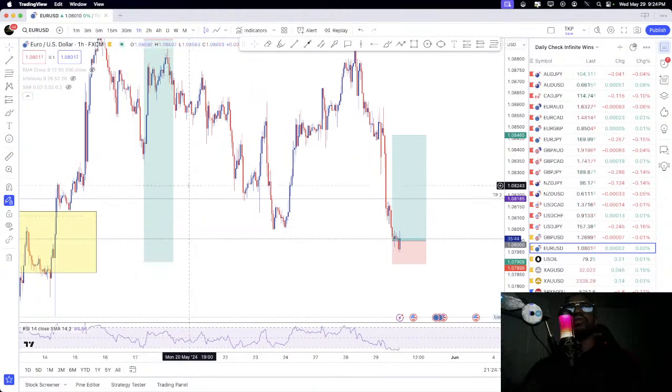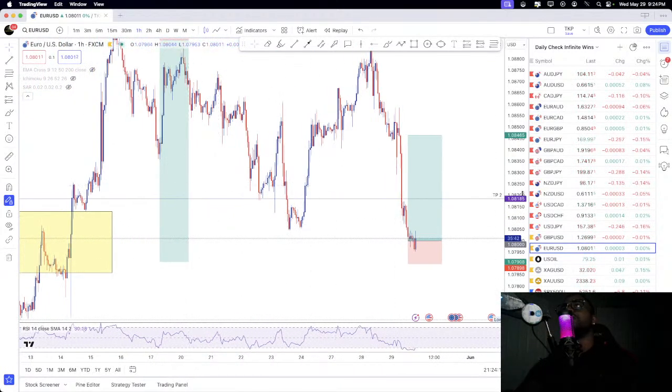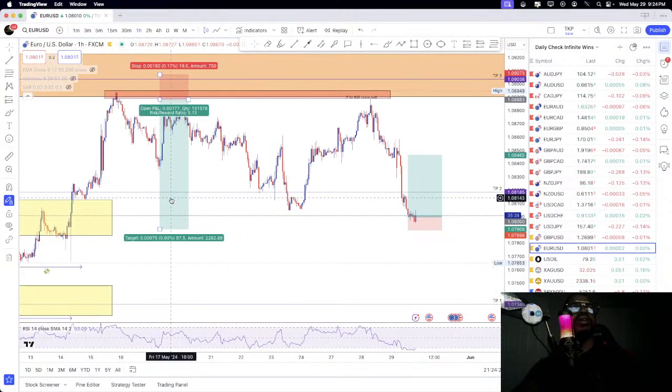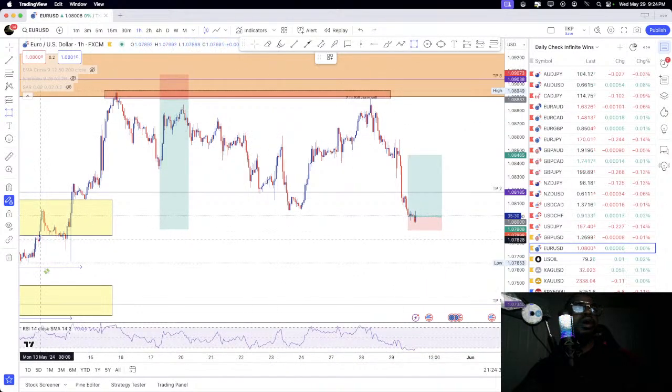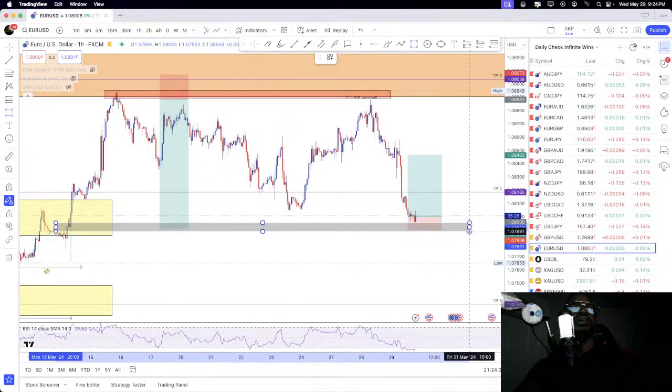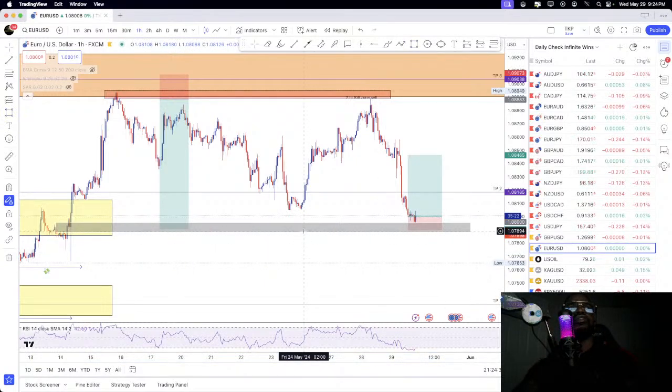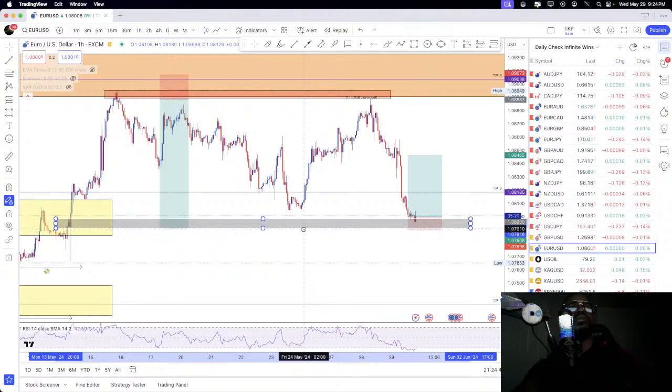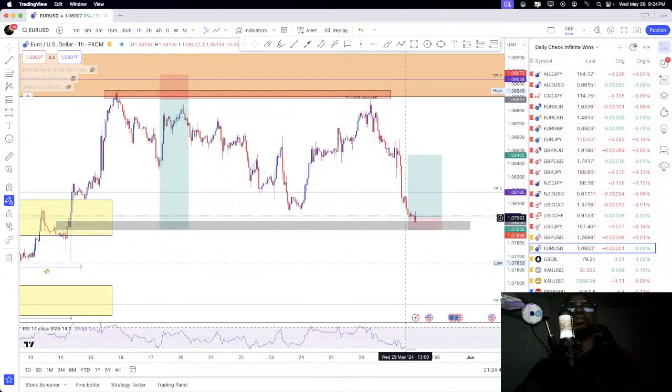All right, so right now we're looking at Euro USD. Let's take a look at this area of structure here. This is where we had our first TP. Let's see how price responds right here. There is a chance that we can see a rejection from here before this downtrend continues.